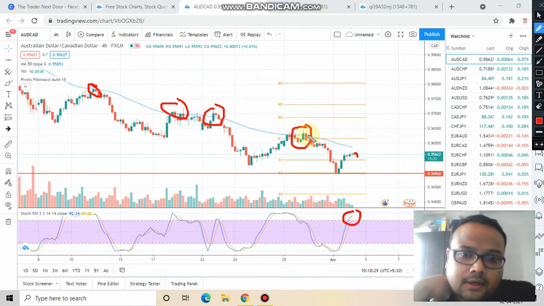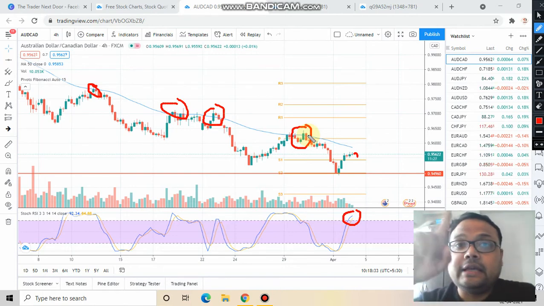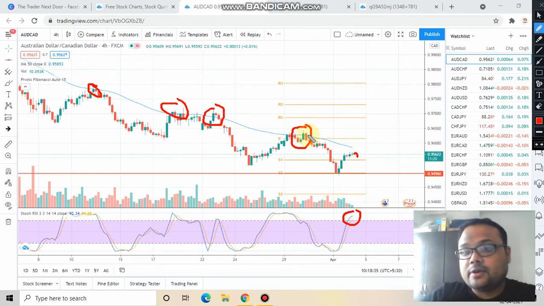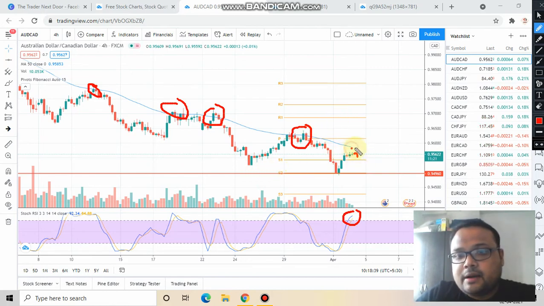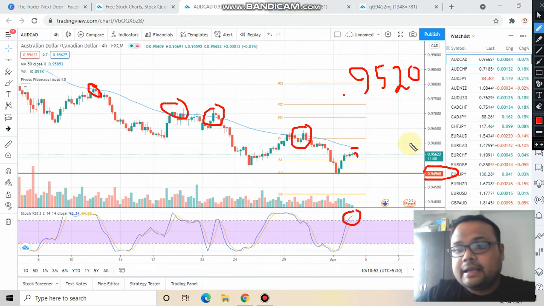But do remember, there is a support in the weekly chart, so that may be a problem. If you short the market somewhere around here, just observe the price at the 0.9520 level. Though the market has made a low of 9496, it has got support at 0.9520.